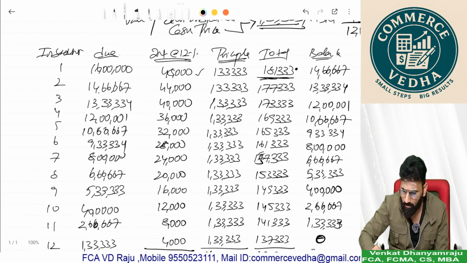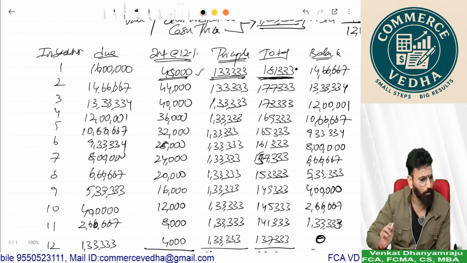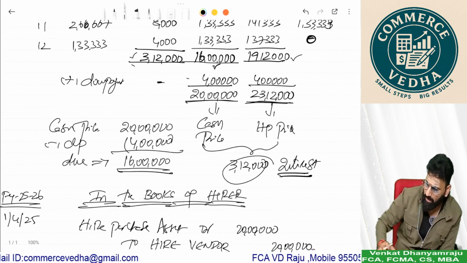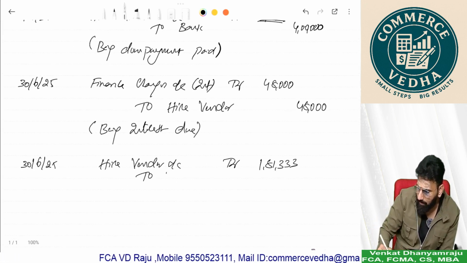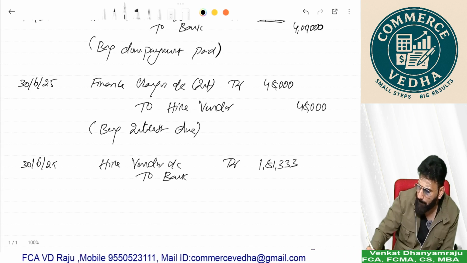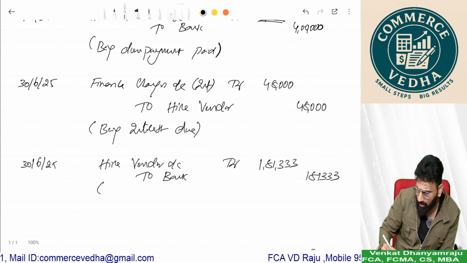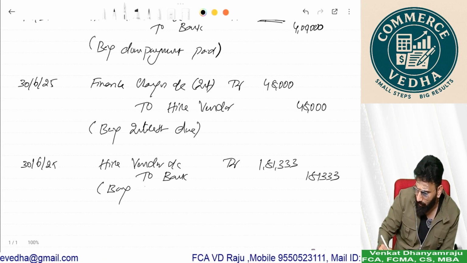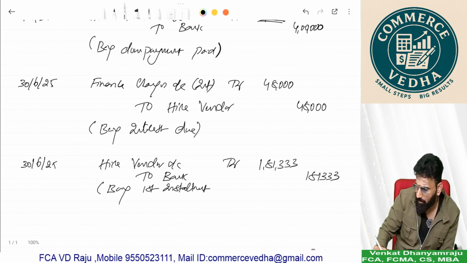This is interest, principal, total amount paid. So coming back to the entry, you should write to bank 181,333. Narration is being first installment paid.